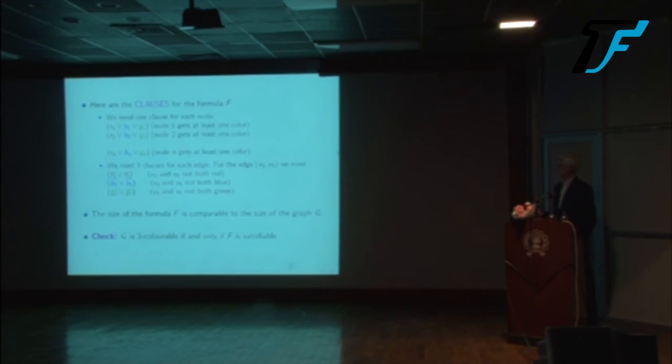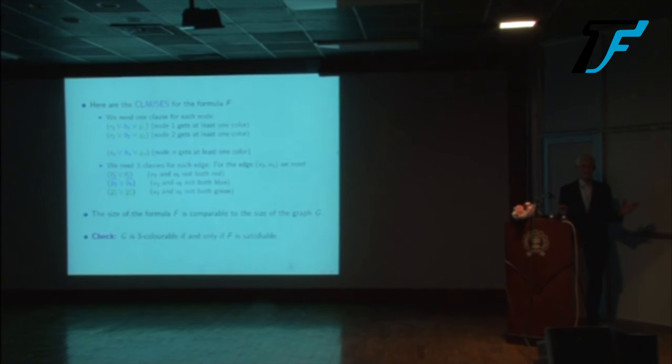Similarly, you do that for blue and for green. So for every edge, you put in three clauses that look like that. And that's it. You take these n clauses, and then for every edge, you put in these three clauses. Take their AND, and that is the 3CNF formula.